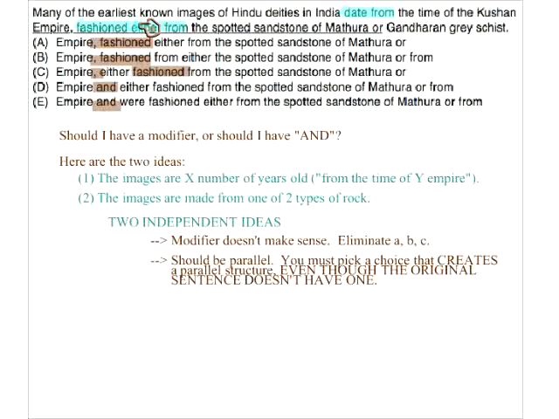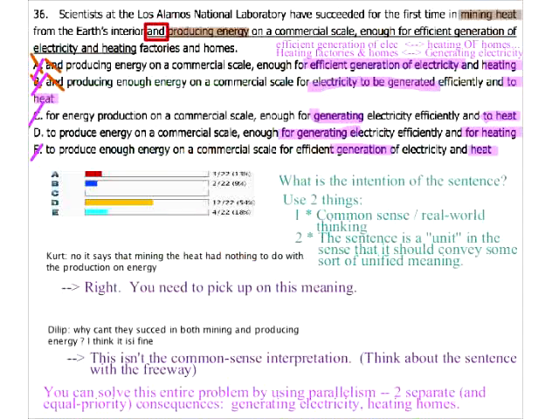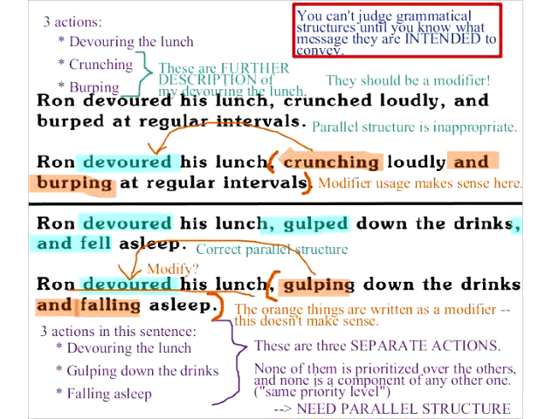So again, it's kind of like this right here, where before you judge these things, you have to decide that these are three things that are separate, but these are not. So that's why it's imperative to understand the meaning first, because otherwise you have no idea which structures are correct and which structures are incorrect.